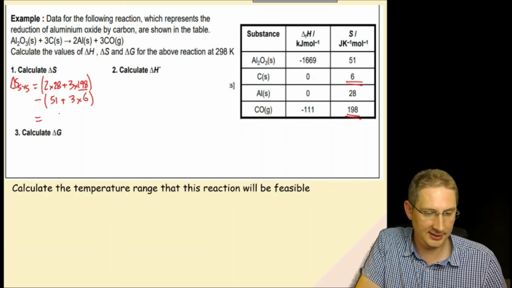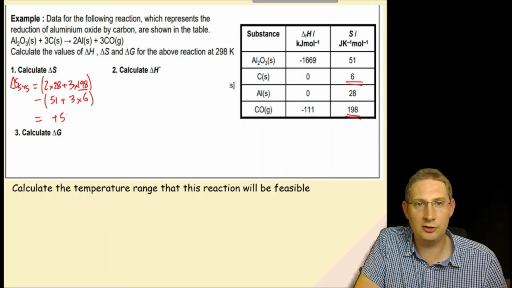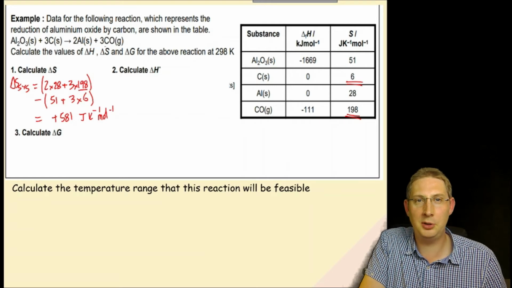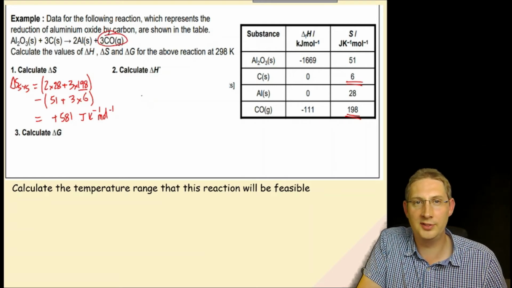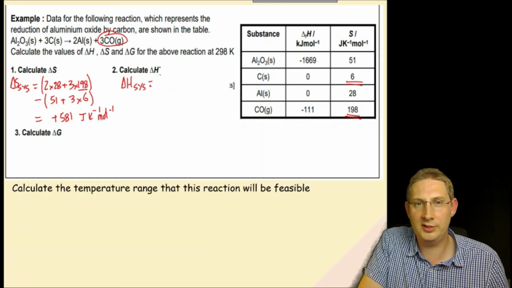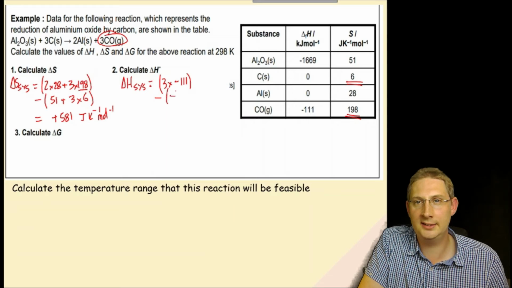And that gives us plus 581 joules per Kelvin per mole. And not surprisingly, it's a positive number. We're forming 3 moles of gas. Calculate deltaH. deltaH system, again, products minus reactants. So 3 times minus 111 minus 1669.